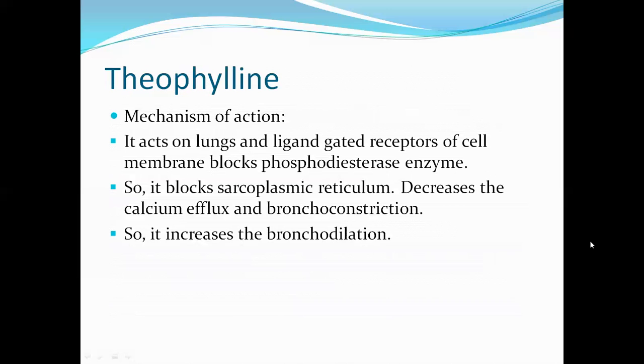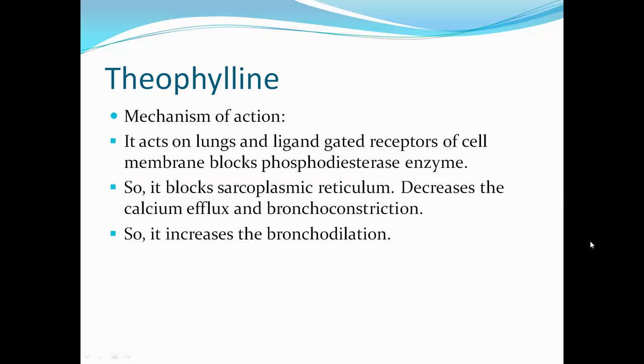Next, theophylline. Theophylline is a methylxanthine class drug, and its mechanism of action is that it acts on the lungs and ligand-gated receptors of the cell membrane. When it acts on these, it mainly blocks one enzyme, the phosphodiesterase enzyme.